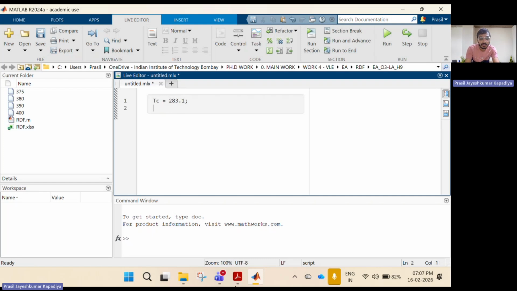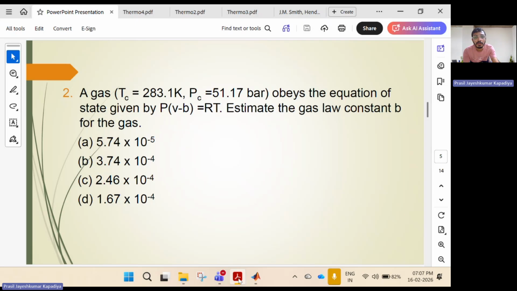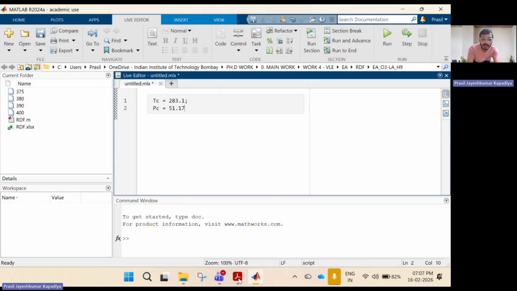And my PC is equal to 51.17, I am writing in SI units, into 10 raised to 5.